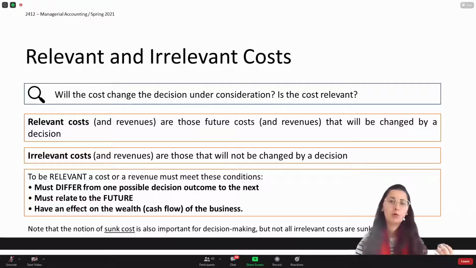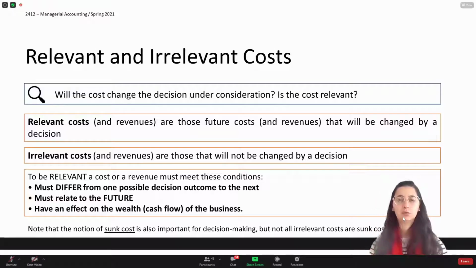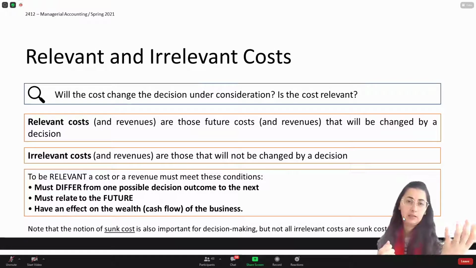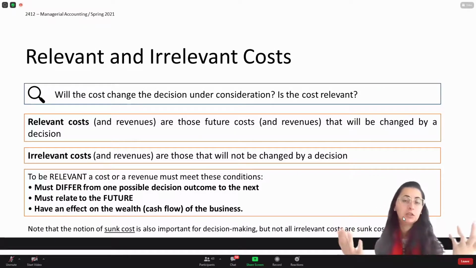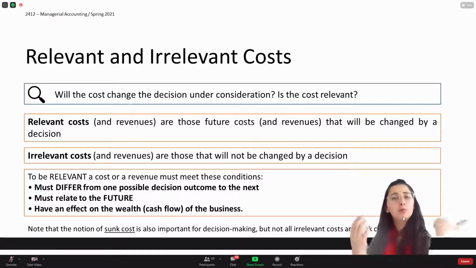So let's imagine we have to make a decision between producing product A or product B. Depending on the product, we want to see what the relevant costs are. If you produce product A, we have costs with this and that. If we produce product B, we also have some of the same costs, because maybe it's the same materials, maybe it's the same labor, but we will have a different cost with something else.